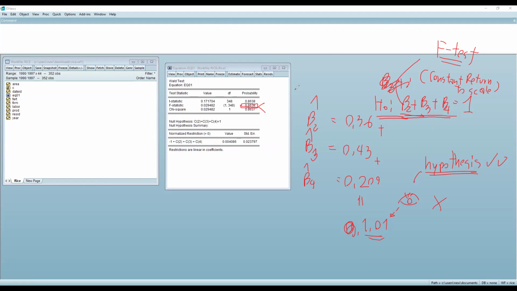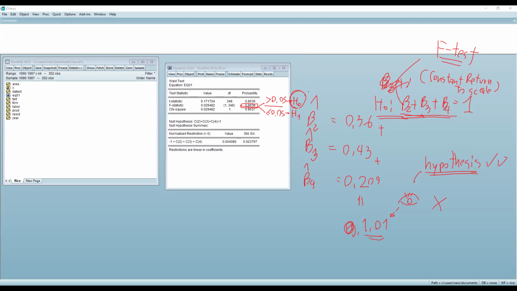Okay, so you can see whether the probability is greater than 0.05 or not. If it's greater than 0.05, it goes to H0. Yes, H1. So what is H0?